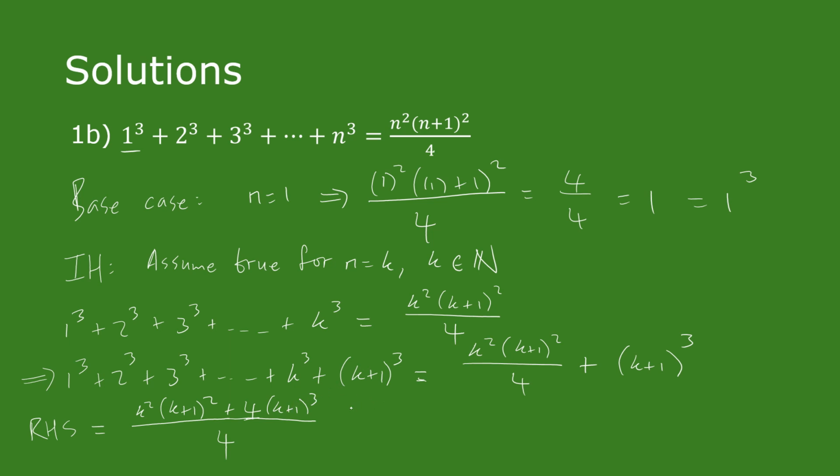So we can expand all this, but that will be very painful. So what we can rather do is factor out k plus 1 squared. So let's see what we get.